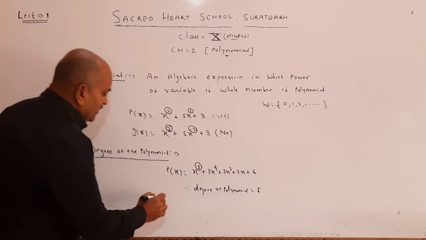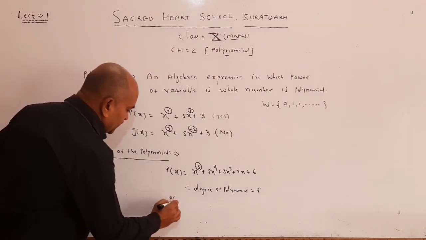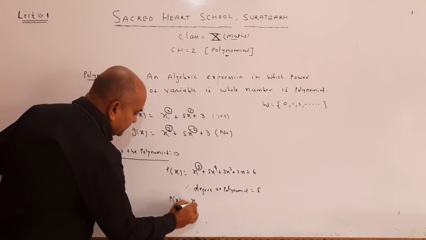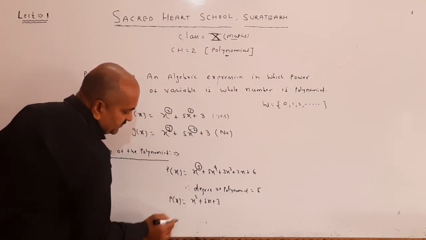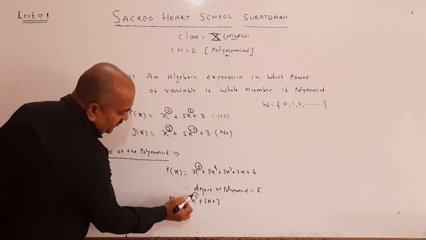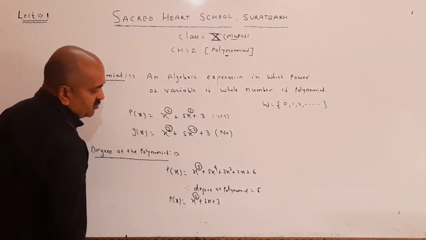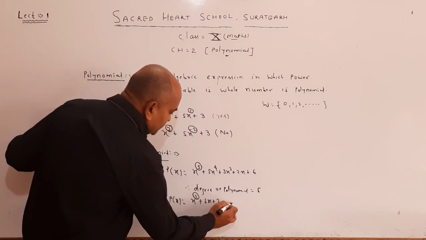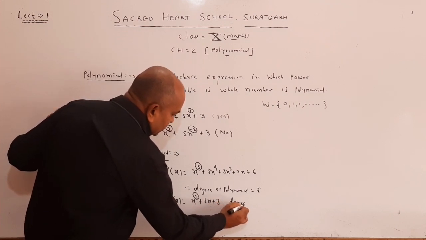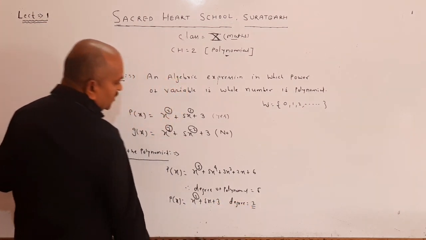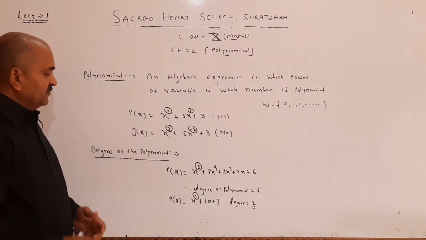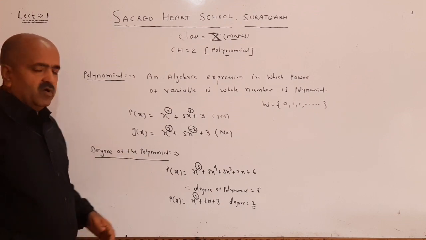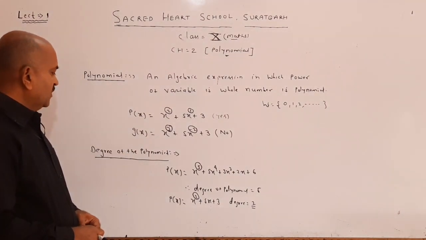Okay, another example. Suppose a polynomial p of x equals x square plus 5x plus 3. What is the degree? The highest power of the variable here is 2, so the degree is 2. So students, degree of the polynomial, our second topic, is complete.